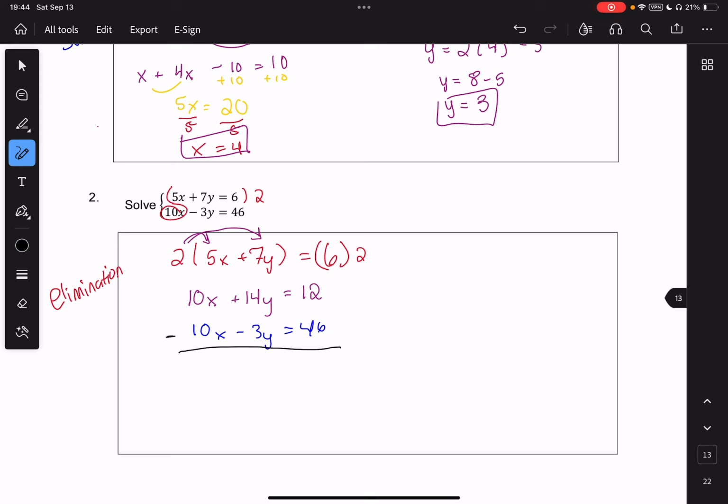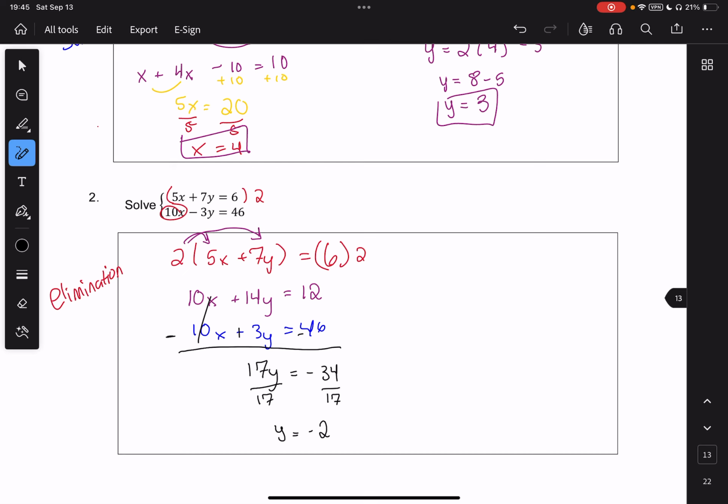And so when we do that, we cancel out our 10x's, and then we're subtracting 3y from 14, so the negative becomes positive, and we get 17y, and then we're subtracting 46 from 12, so then we get that equal to negative 34. Then what we do is we divide both sides by 17, and we're left with y is equal to negative 2.